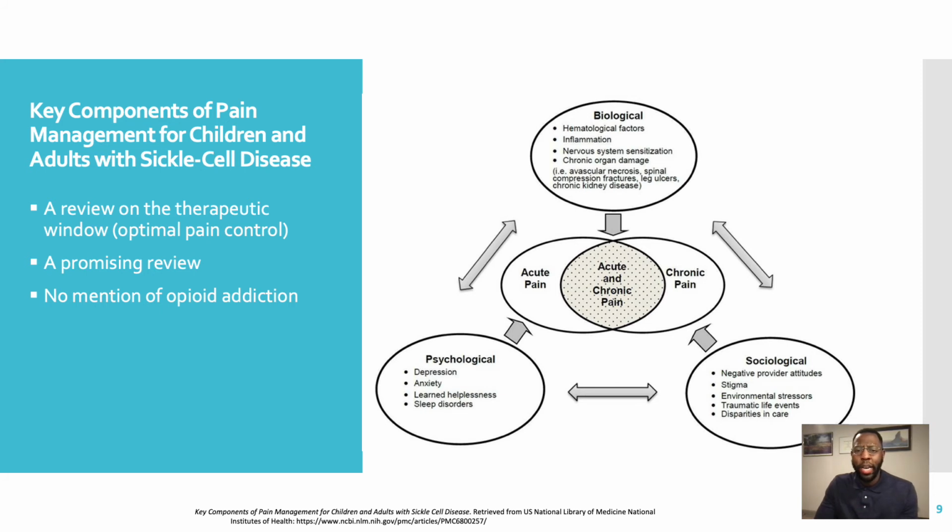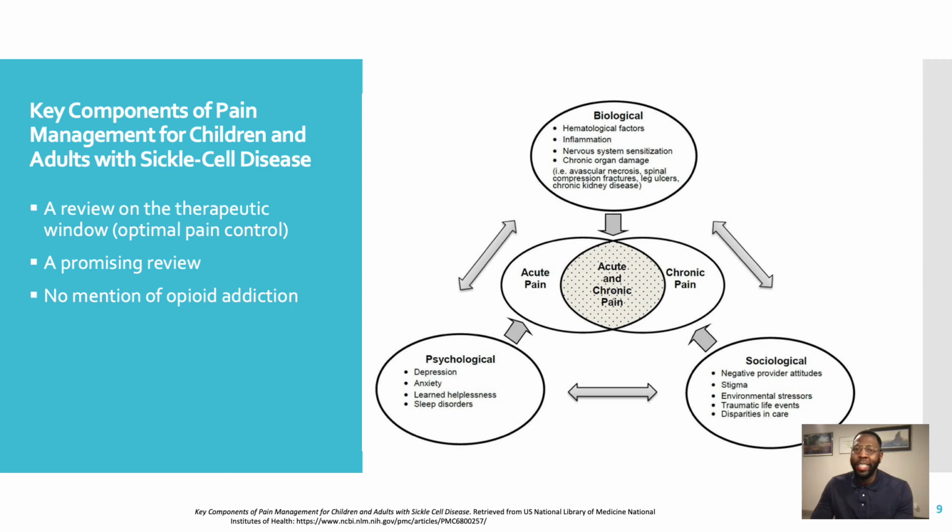You see it's psychological, right? And that might lead to acute pain or chronic pain or acute and chronic pain, right? Within this psychological bubble, you'll see depression, anxiety, learned helplessness, and sleep disorders. These are all things that are closely aligned to opioid addiction as well.